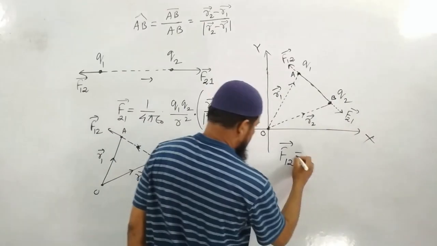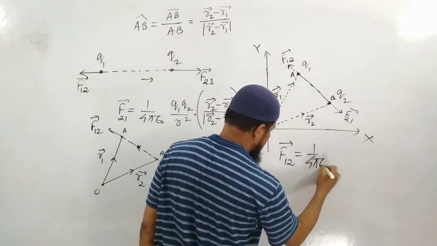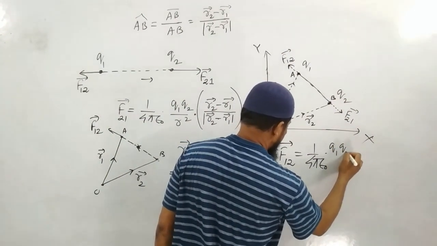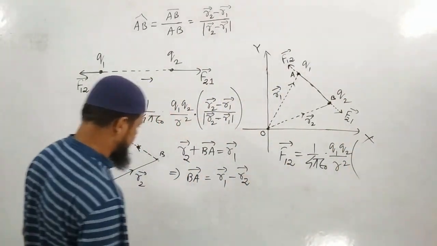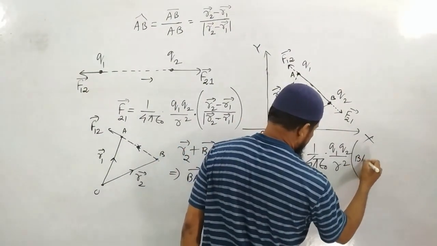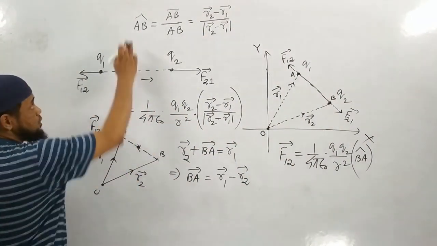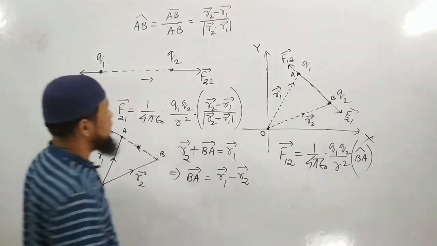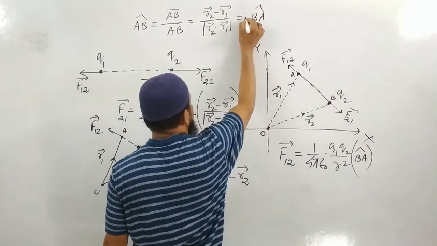So this will become 1 by 4 pi epsilon naught Q1 Q2 divided by R square, unit vector along BA. Unit vector along BA is nothing but BA cap. BA cap is opposite to AB cap, so it is the negative of AB cap.